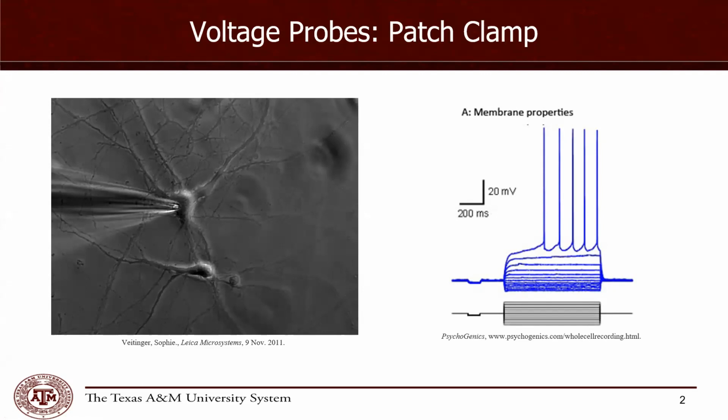You're not going to get something on the order of an image. And of course, because of the size of the probe, you're also not going to be able to attach to smaller objects like dendrites, axons. So you're mainly limited to what you can get in terms of the somal body response.